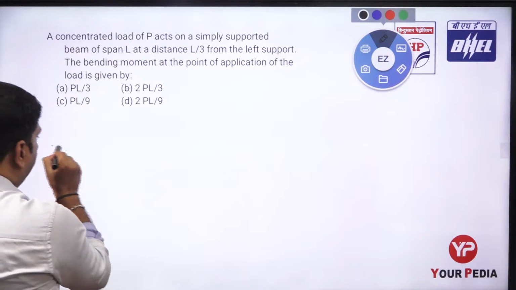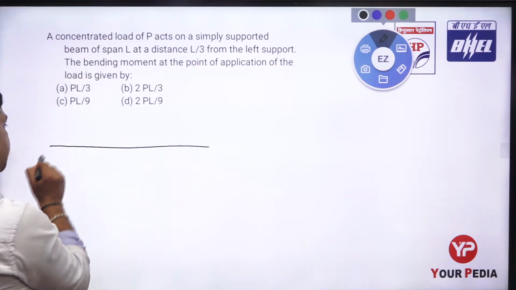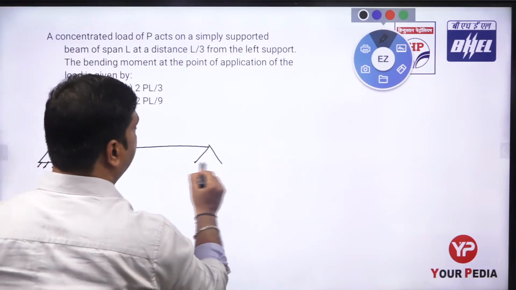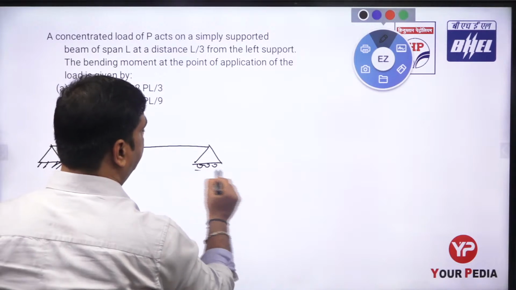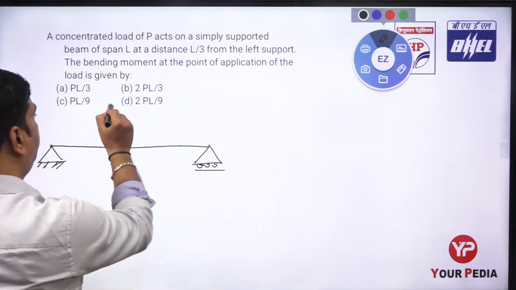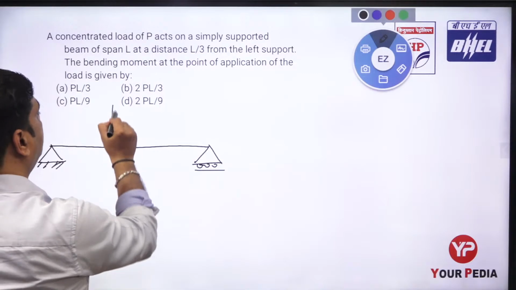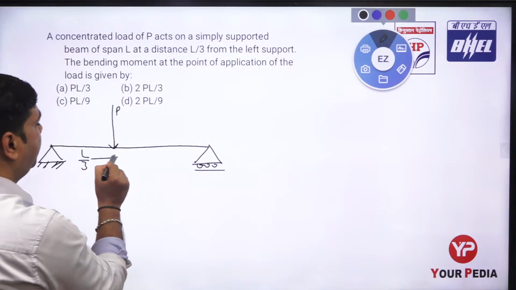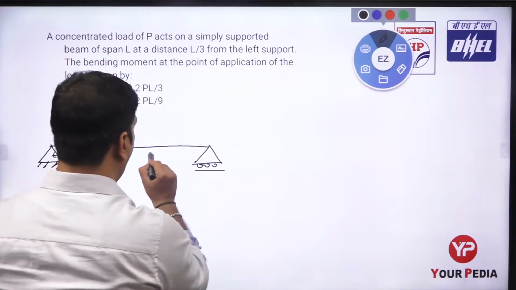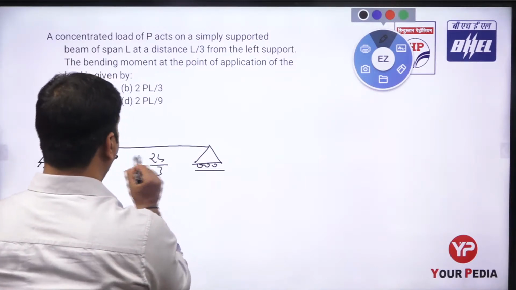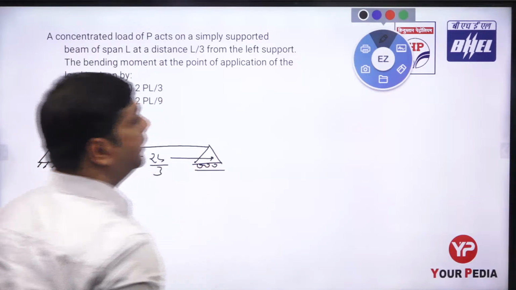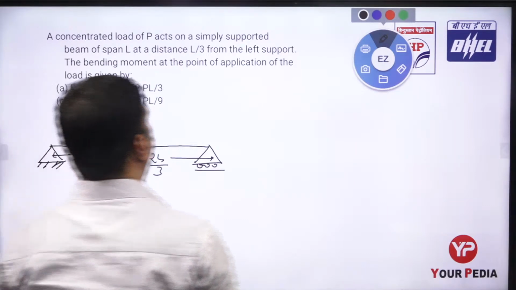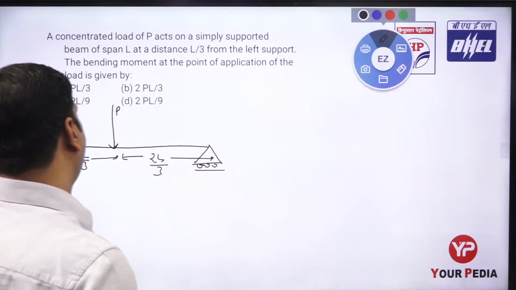So this is saying that a simply supported beam, having a hinge support at one end and a roller support at the other end, is subjected to a load P, which is L by 3 from the left-hand side and 2L by 3 from the right-hand side, if the member has length L. So we just find the bending moment at the point of application of the load.